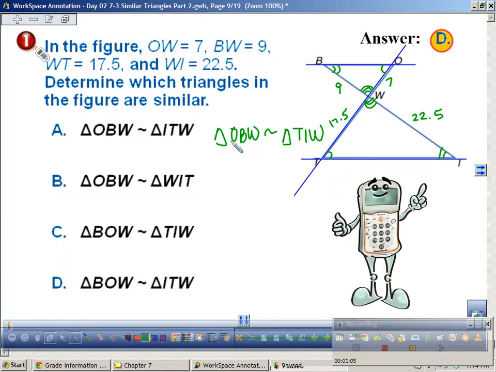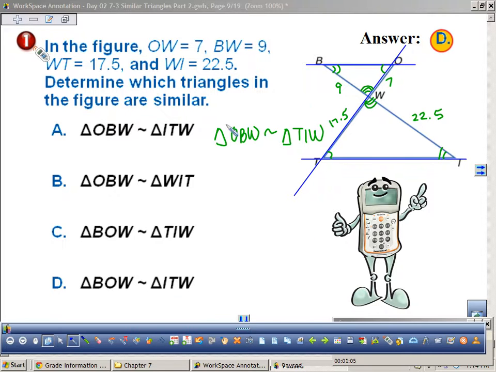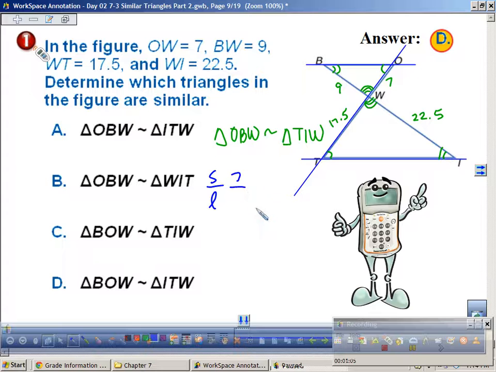And based on this statement right here, I'm going to go back and say, all right, remember small, large. Small would be OW, which is 7, and it corresponds with TW, here's TW, 17 and 5/10. Small on the other side would be 9, should be similar to 22.5.